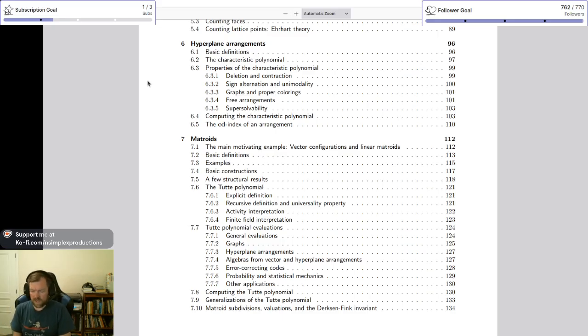Robert MacPherson, an editor of the Annals and a member of the Institute for Advanced Study, invited Hales to submit his paper on the Kepler conjecture to the Annals of Mathematics.